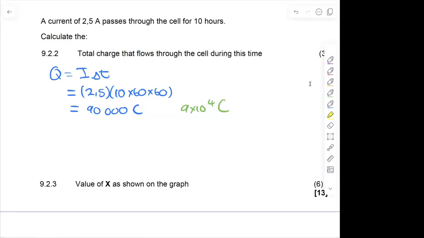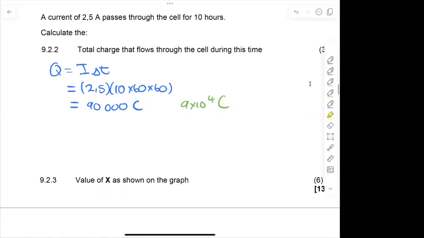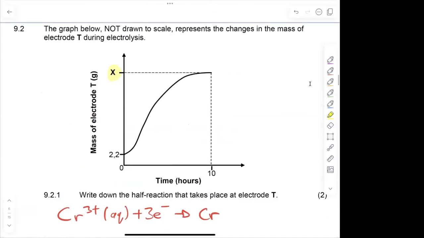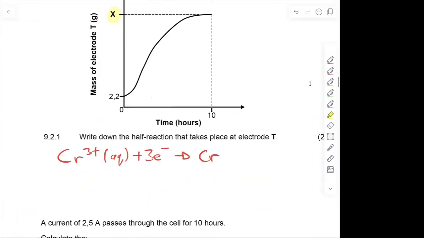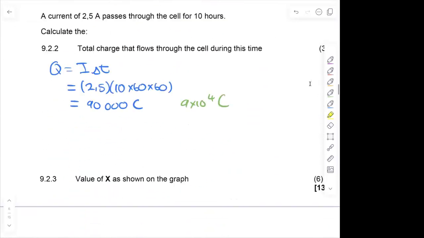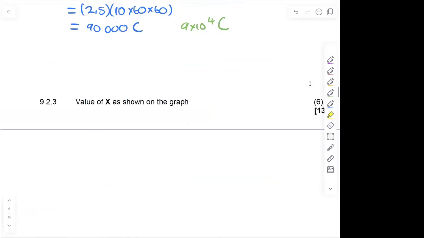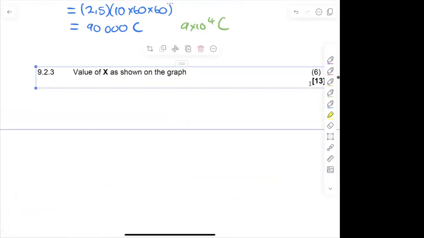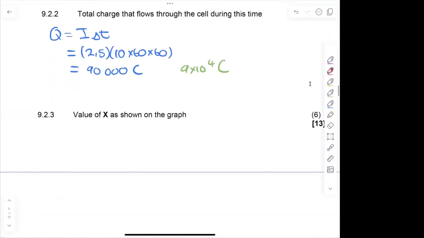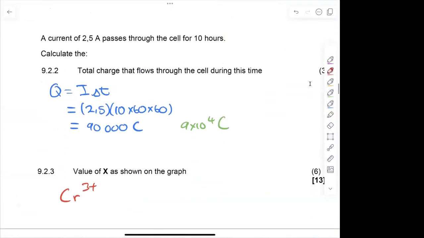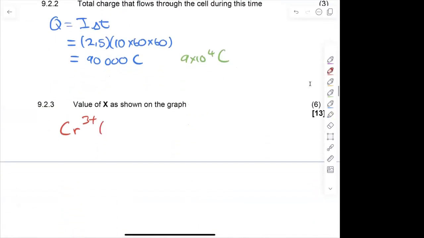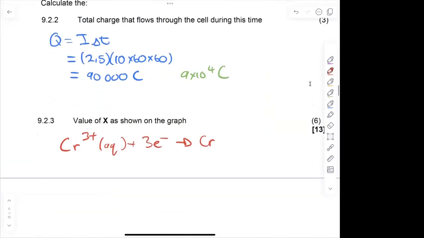To do that, first of all, we know that electrode T is the chromium electrode. So I'm going to copy this half reaction because it's going to be very useful to us. Let me quickly move this up. That half reaction was Cr3+ plus 3 electrons giving Cr.